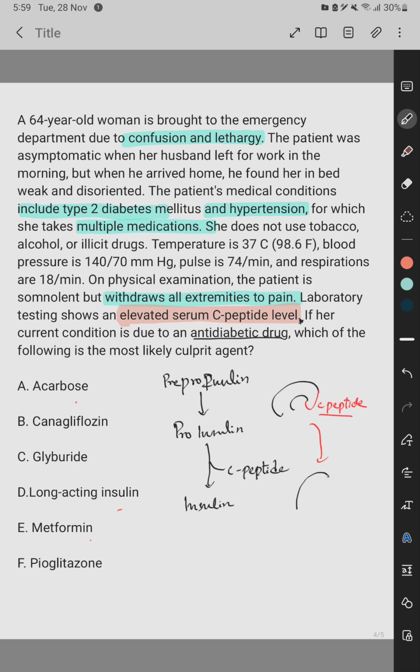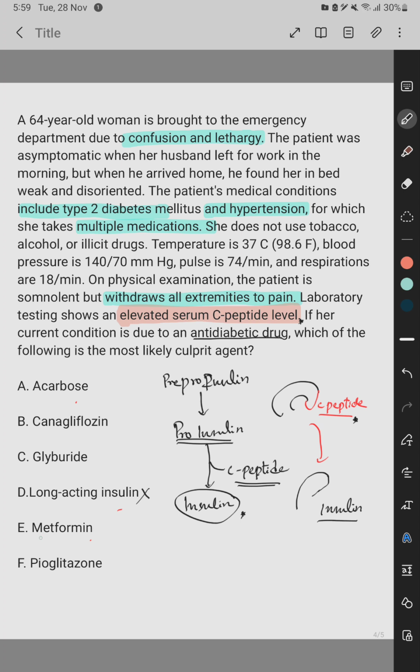So if you are giving exogenous insulin, C-peptide levels won't increase, because exogenous insulin does not have this C-peptide. We are giving insulin directly. But if the insulin is produced endogenously, then only the serum C-peptide levels can be increased. So long-acting insulin is ruled out. The elevated serum C-peptide level is not because of long-acting insulin. So this is ruled out.